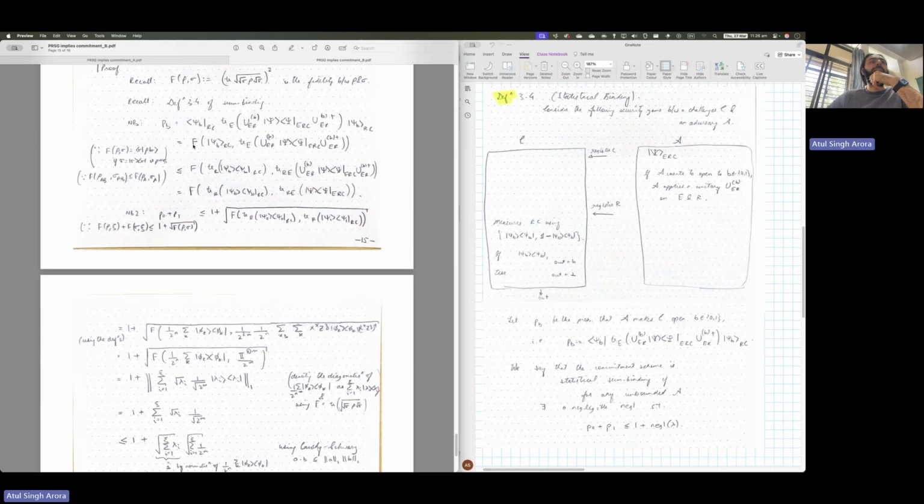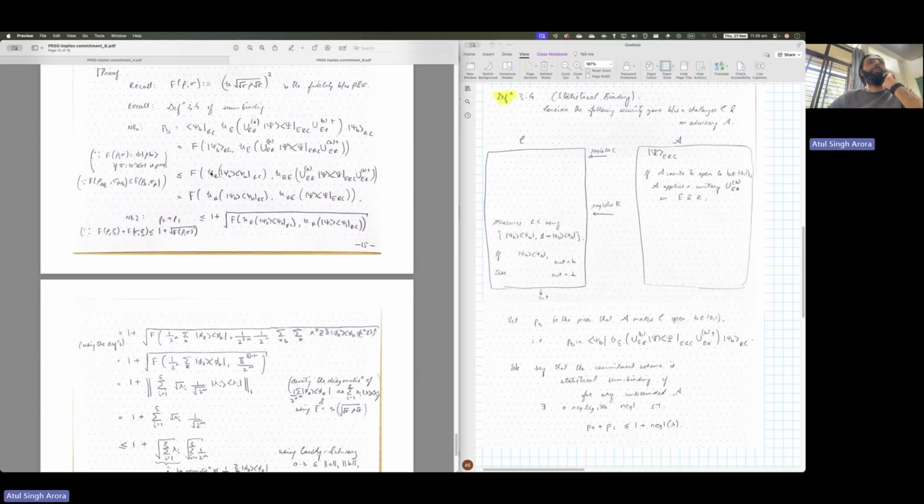This we can write as a fidelity, right? Because fidelity, remember, if sigma is pure, then one can write it as the inner product between the pure states. So we use that to write it as fidelity here. And then we use the fact that if you trace out some subsystems on both sides, then the fidelity increases, because you're losing information, so the states seem closer.